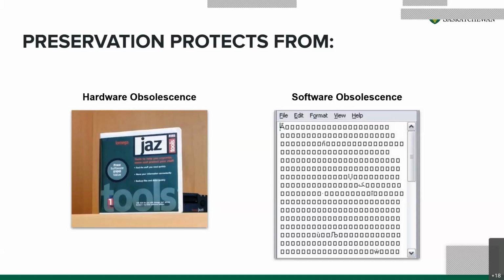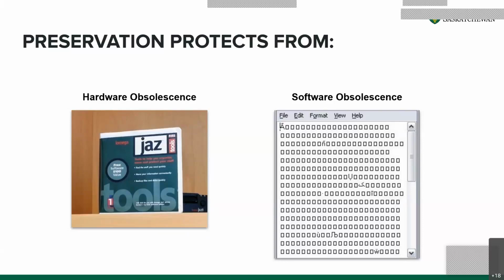So if she would actually want to find her data, she would have to go to a used hardware store for computer hardware and try to find something that supports Jaz drives to get access to her data. So you want to think about, if you're collecting data on a certain type of hardware that's specific to a certain lab, whether you are going to be able to transfer it to a different program later.